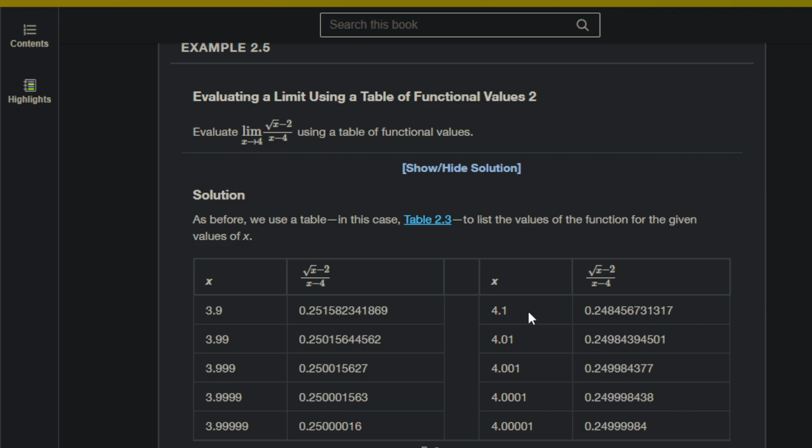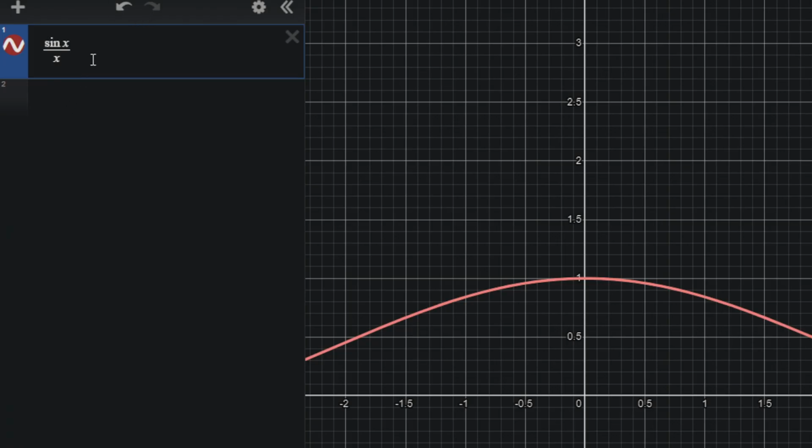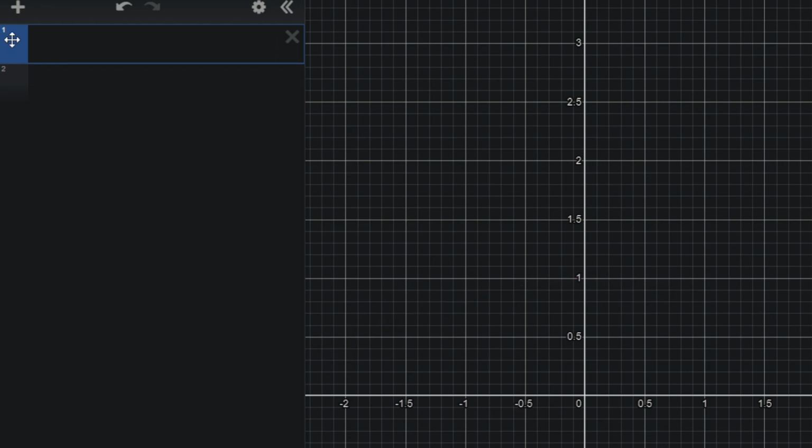On the other side, we're looking at values getting closer to 4 from the right. At 4.000001, we get 0.2499999. So it seems like this is getting closer and closer to 0.25.